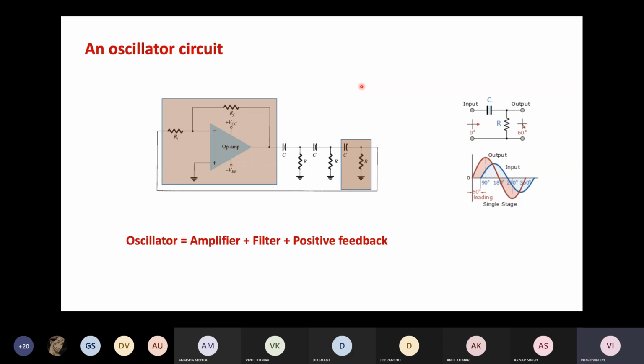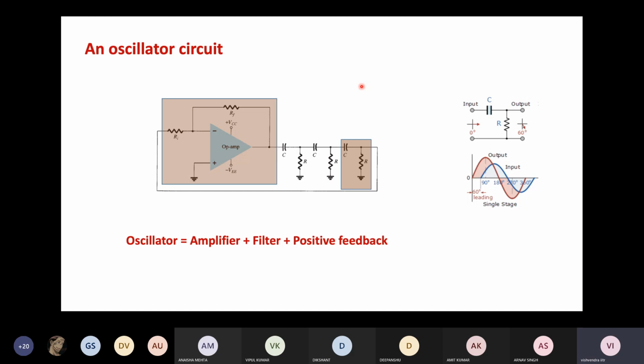I just wanted to highlight the important parts of the electronic circuits here. So this essentially completes our discussion of electronic devices and a very brief summary of various electronic circuits, mainly analog circuits.